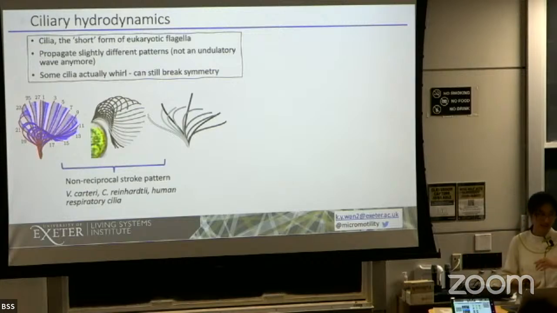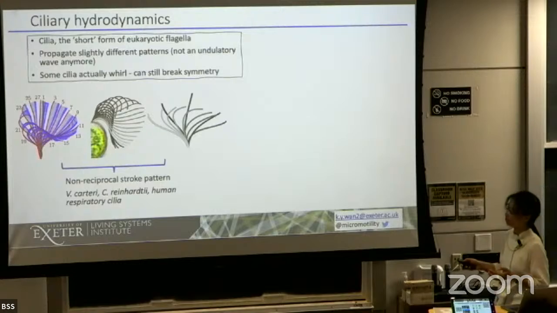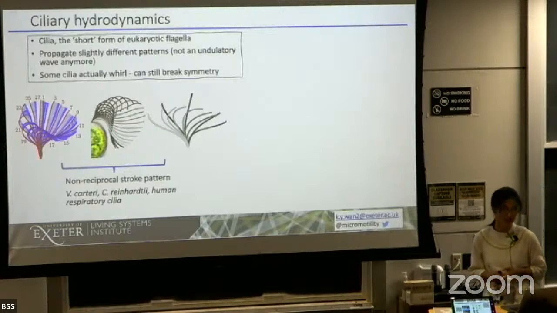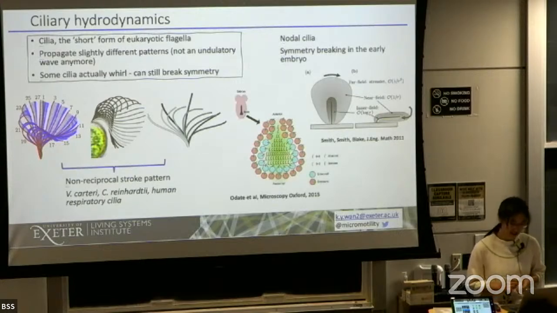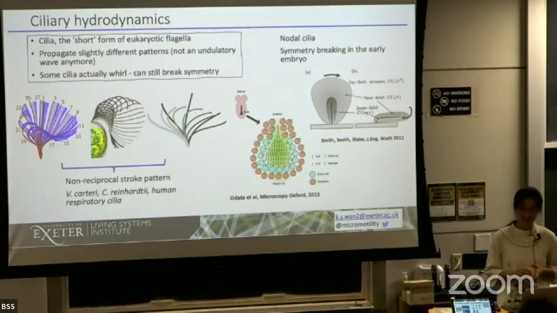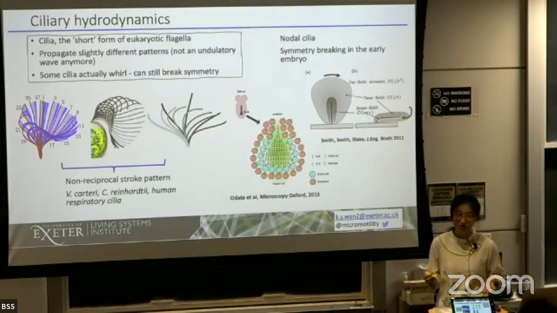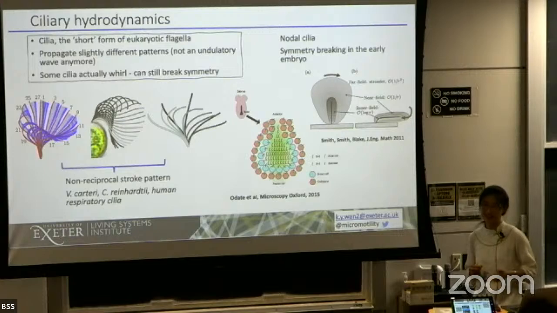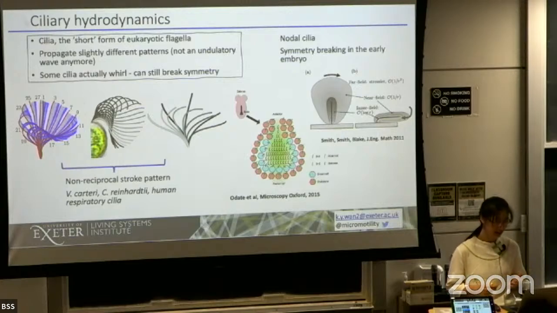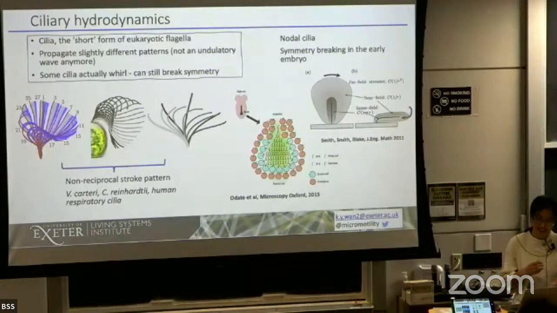If you go back to thinking about the ciliary axoneme, how do these different motors then conspire to change the pattern of the forward versus recovery strokes? So one thing that is a little bit of an interesting aside is that you can still achieve net propulsion, or rather, if you were to fix the cilium, net pumping of fluid by actuating a completely rigid filament that has no front-back asymmetry.